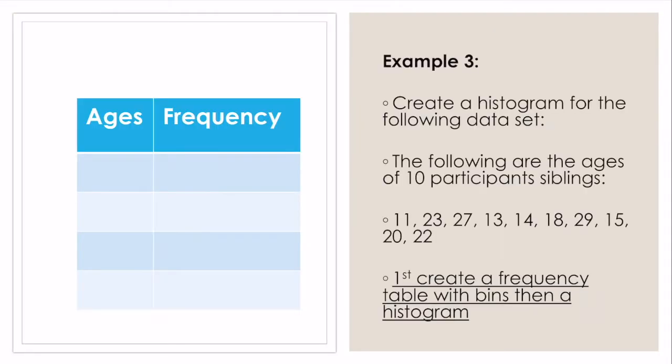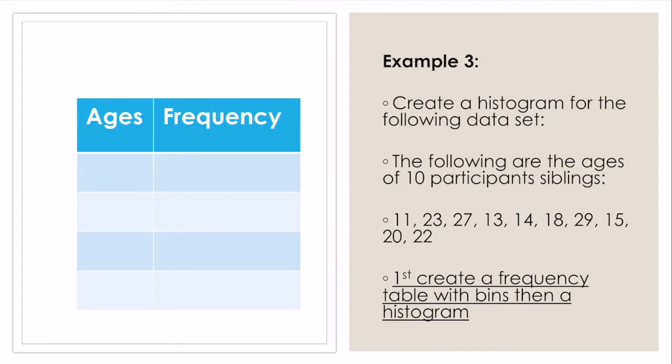So let's make an example of a histogram. Here are the following ages of 10 participants' siblings. We've got 11, 23, 27. I'm not going to read them all. The first thing we need to do is create a frequency table with bins and then a histogram. It would be a really boring histogram if we did ages like 10 to 19 and then 20 to 29.